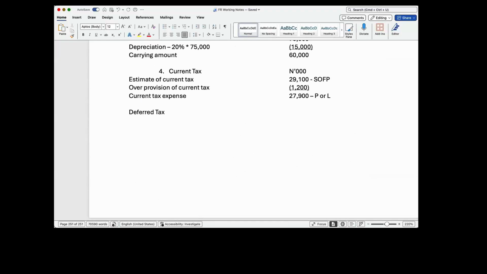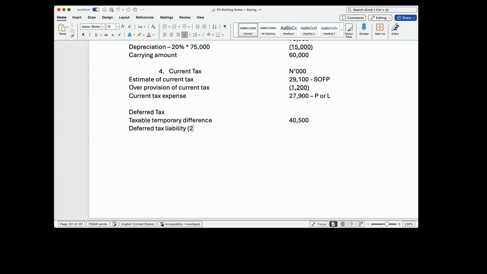So we have a taxable temporary difference of 40.5 million. Taxable temporary difference will lead to deferred tax liability.